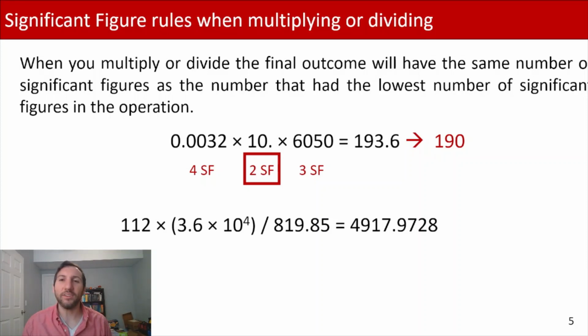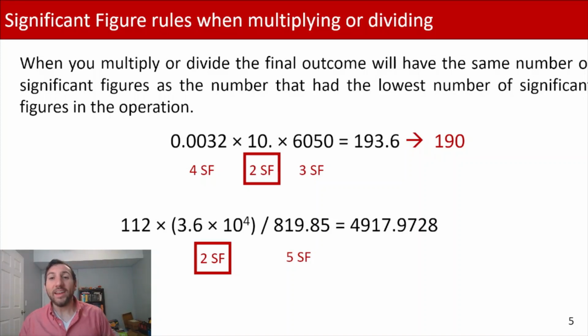And again, we have to adjust this based on significant figures. Let's look at all the components of this operation, and we see again we have 2 significant figures, so that 4,917.9728 is going to have to get adjusted, and it's going to end up becoming 4.9 times 10 to the 3rd.